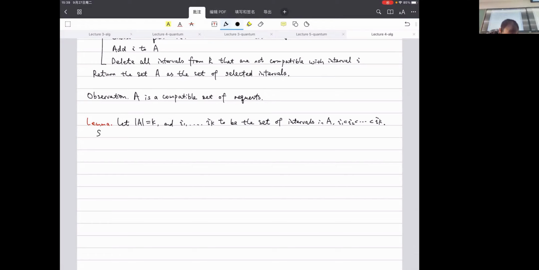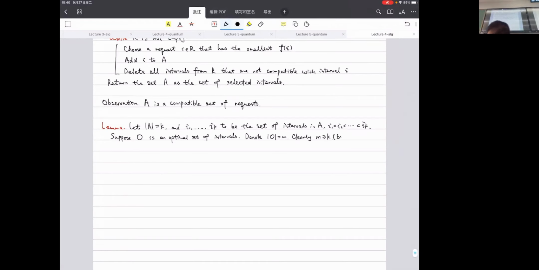So let's suppose the optimal solution is denoted by a capital O. Suppose O is an optimal set of intervals, and let's denote the cardinality of O to be M. So clearly, M is at least K, because O is an optimal solution. If the algorithm outputs an A, A is at least a valid solution due to our observation. So of course, M is at least K by its optimality.